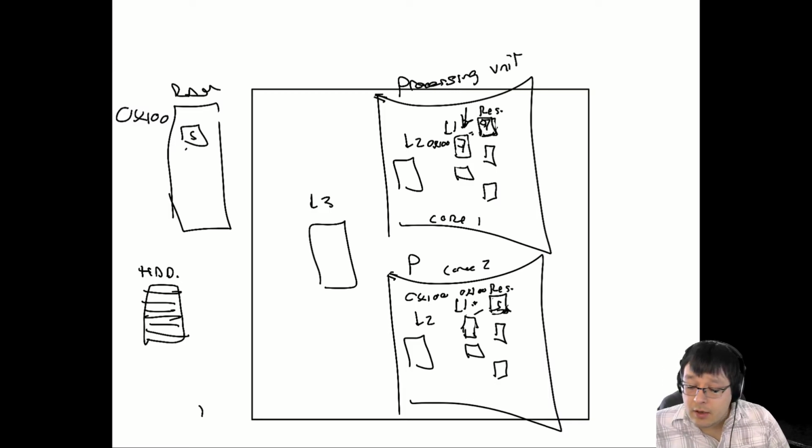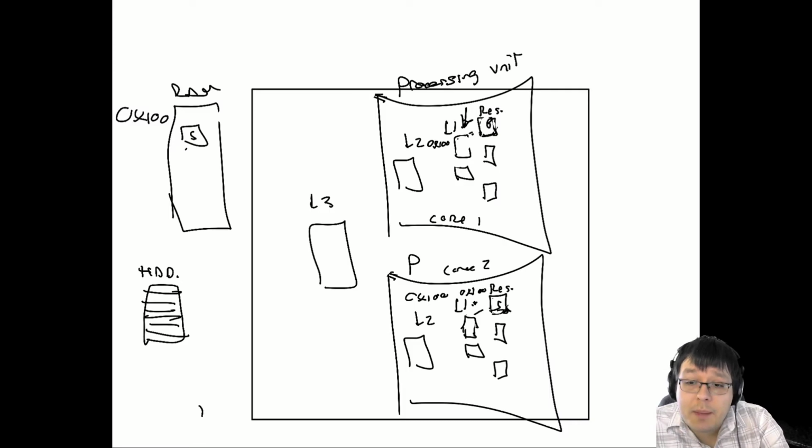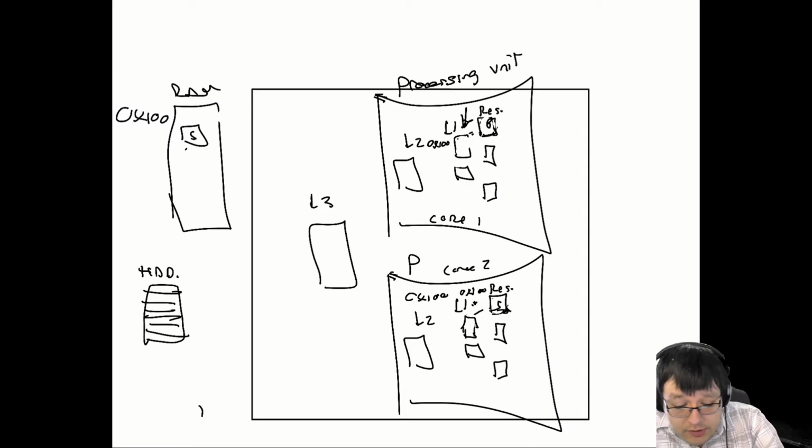And so coherence is required to fix this, which means that if we are updating information, so if we pull in a value of 5 here, and then we increase it to 6, we have to propagate that, because it might not be enough just to put it here.